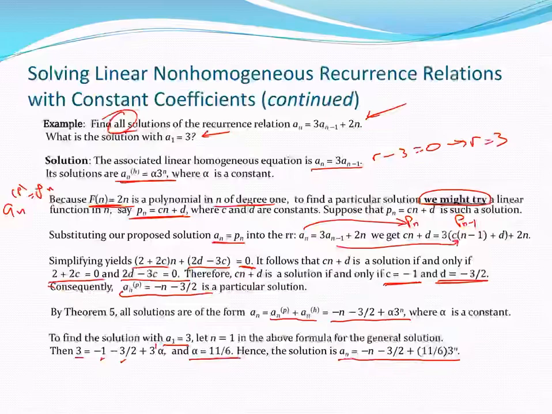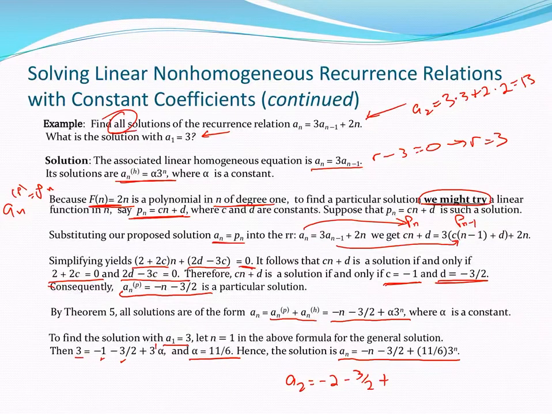Let's check it. For a sub 2, a2 equals 3 times 3 plus 2 times 2 equals 13. And down here, a2 equals minus 2 minus 3/2 plus 11/6 times 3 squared.